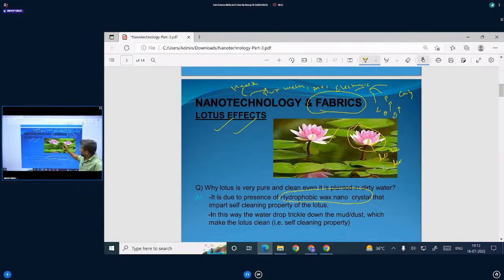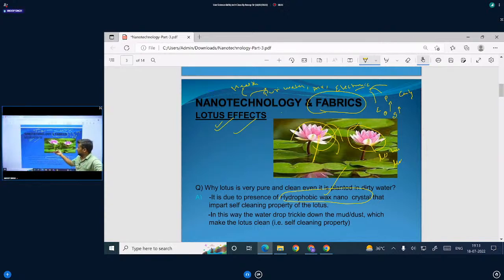If some dust or mud comes over these leaves, then due to the presence of these hydrophobic wax nanocrystals, it automatically trickles down and makes the leaf clean. Got it? It is another important feature of the lotus flower. This particular effect is also called the lotus effect.